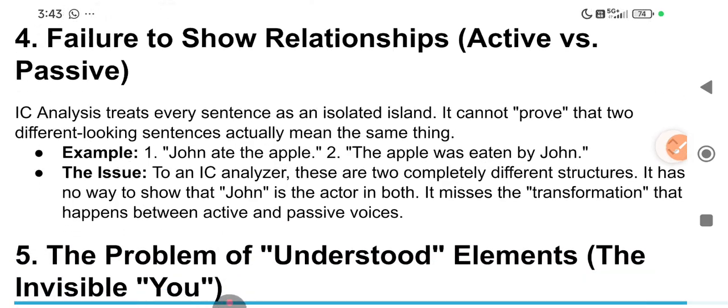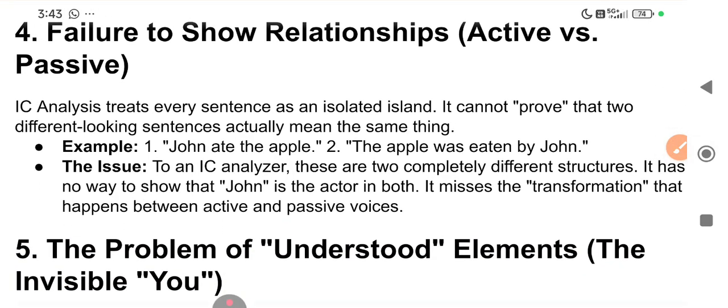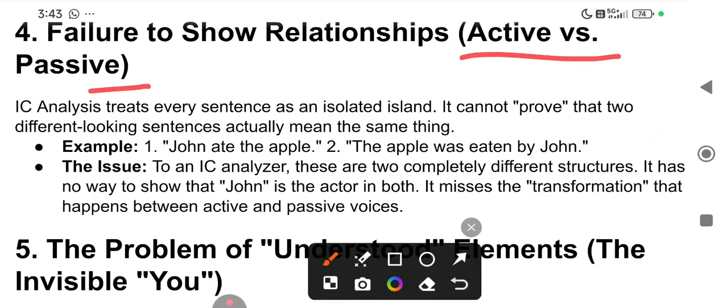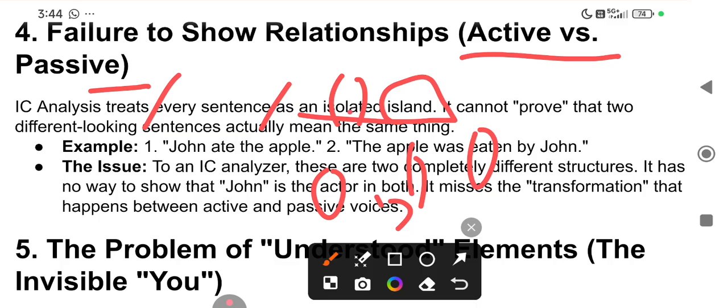Now the fourth one, failure to show relationship, active versus passive. That's again a problem. IC analysis treats every sentence as an isolated island. It thinks that every sentence is an isolated island and there is no connectivity.